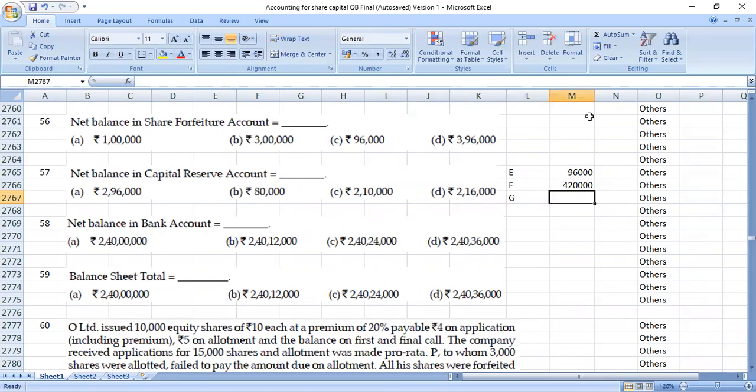Amount received from G is 8,000 into 90, 7,20,000. Already calculated. Amount received from other shareholders who didn't do anything wrong, 1,90,000 into 120. Premium சேர்த்து கொடுத்திருப்பாங்க. So இதெல்லாத்தையும் ஆட் பண்ணா 24,36,000. Yes.